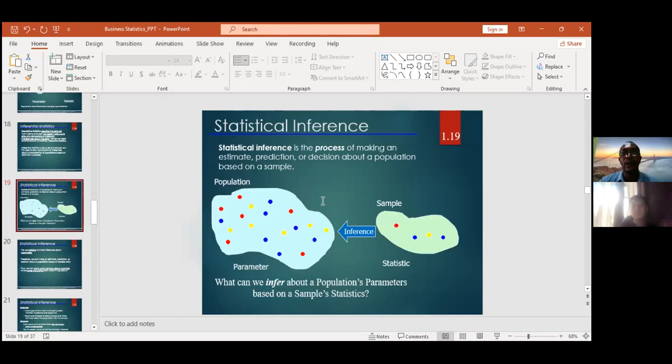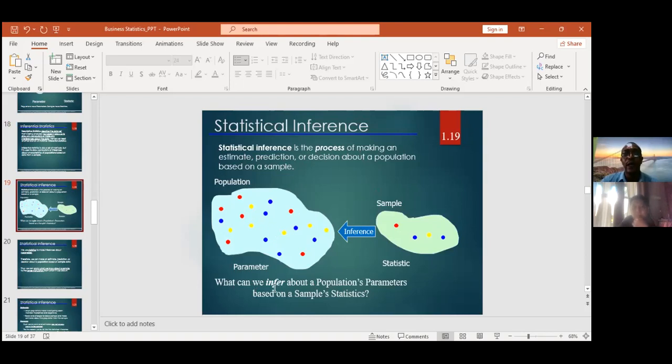Okay, in this case, you've already seen this diagram before. Statistical inference is a process of making estimates, predictions, or decisions about a population based on a sample. So you make inferences based on a sample. Instead of using all this population, you just make use of this small size to make inferences or conclusions about the population.